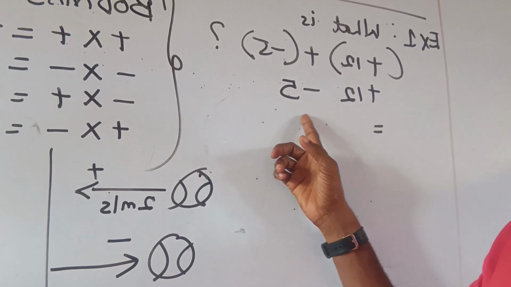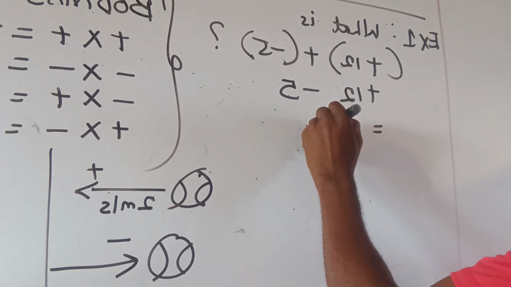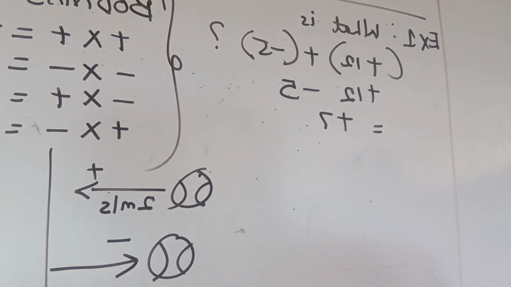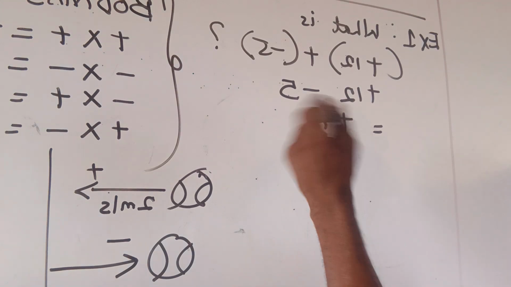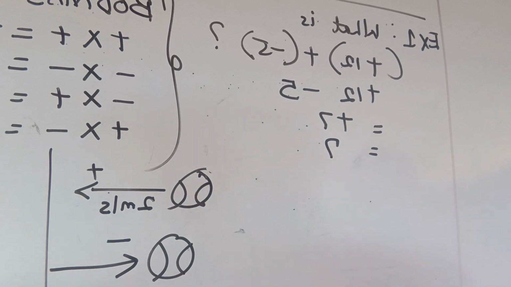So plus 12 minus 5 will give me plus 7. That is positive 7, or you could write it as just 7. We already know that if an answer is written like this, it means it's plus 7. Is that taken?